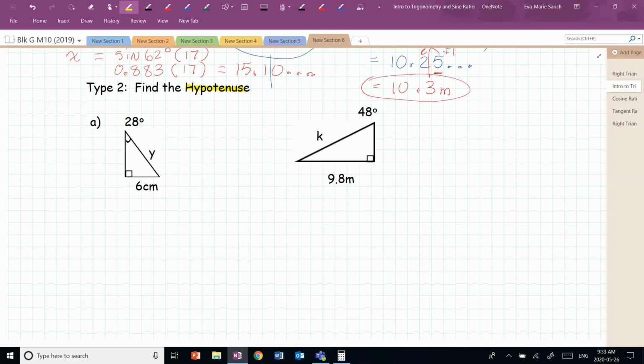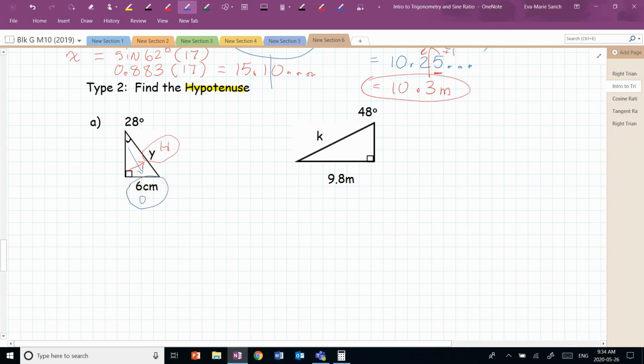Okay? So let's look at this. Finding the hypotenuse is a little bit more complicated. Again, start by identifying the sides. So opposite the right angle is the hypotenuse. Opposite the angle is opposite.